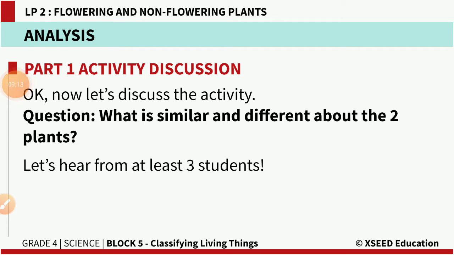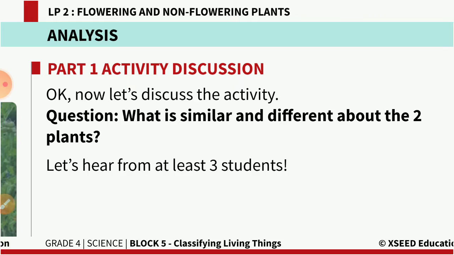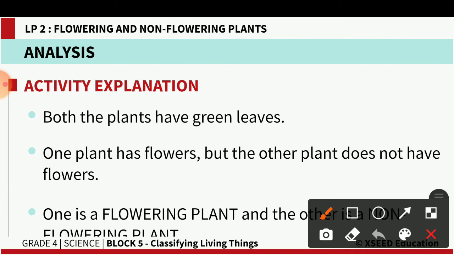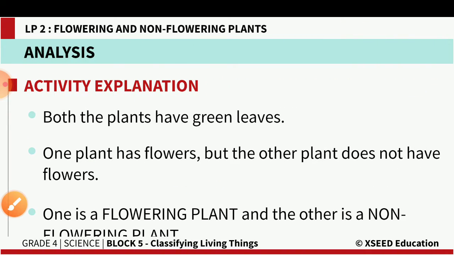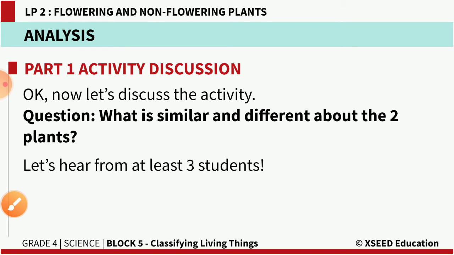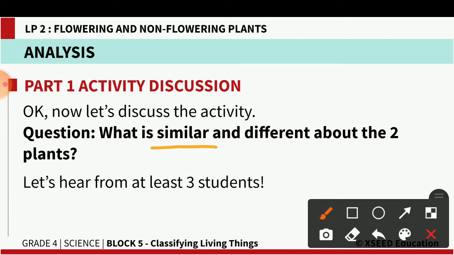So now children, based on the two images and the video, let us start discussing a few questions. What is the similarity and difference between the two plants? The two pictures that were shown to you, rose and fern, can you find any similarity between the two plants? Let's first discuss.